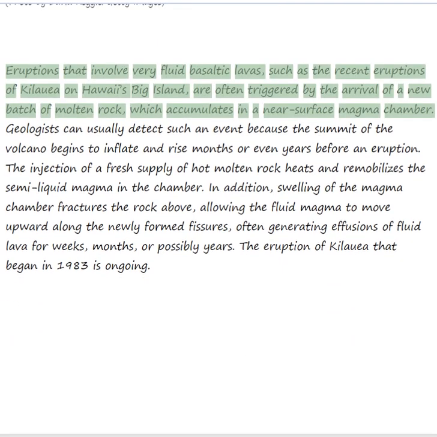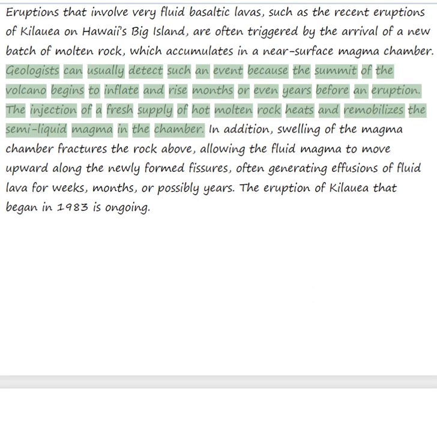Eruptions that involve very fluid basaltic lavas, such as the recent eruptions of Kilauea on Hawaii's Big Island, are often triggered by the arrival of a new batch of molten rock, which accumulates in a near-surface magma chamber. Geologists can usually detect such an event because the summit of the volcano begins to inflate and rise months or even years before an eruption.